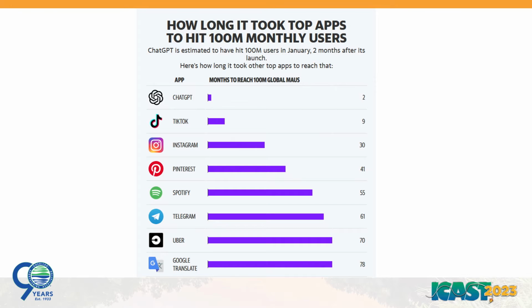Imagine having 100 million users log onto your stuff inside of 2 months. TikTok, that hot popular social media video platform, took them 9 months before they could even get close to what ChatGPT is. So part of what we're engaging right now is a velocity of deployment that has blindsided most of the world.